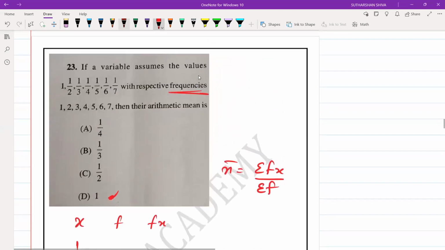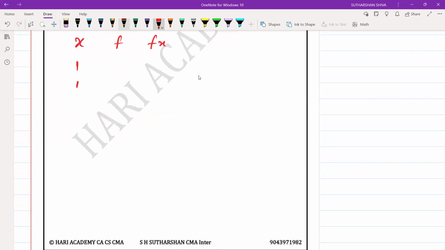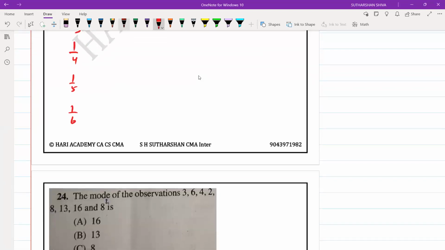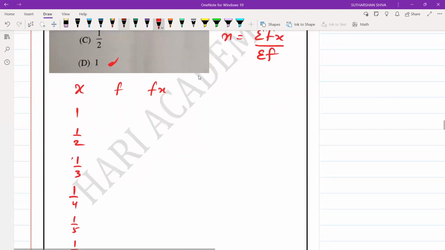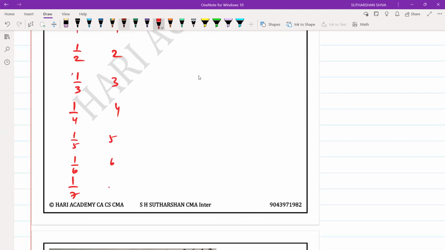X values are 1, 1 by 2, 1 by 3, 1 by 4, 1 by 5, 1 by 6, and 1 by 7. Now, what are the frequencies? Frequencies are 1, 2, 3, 4, 5, 6, 7.